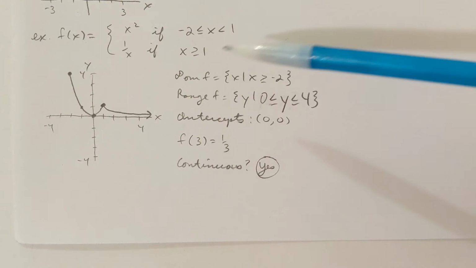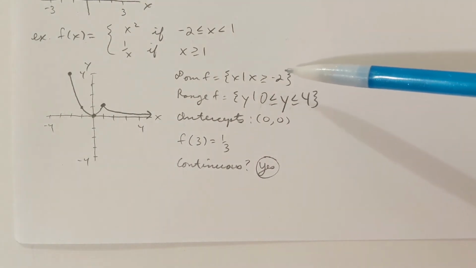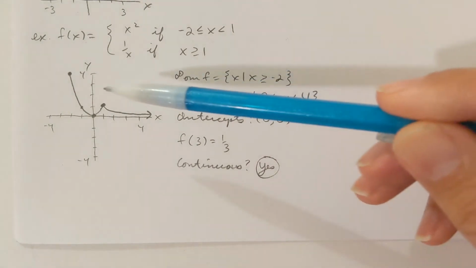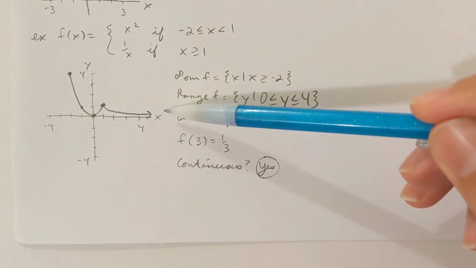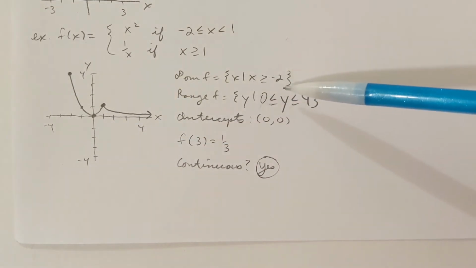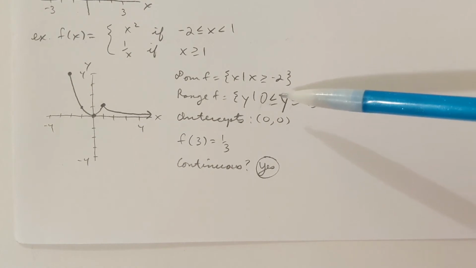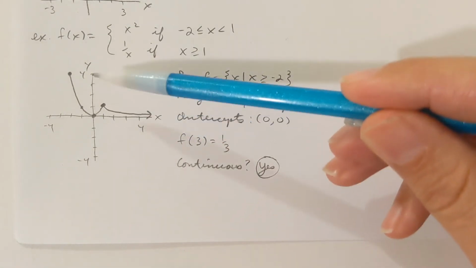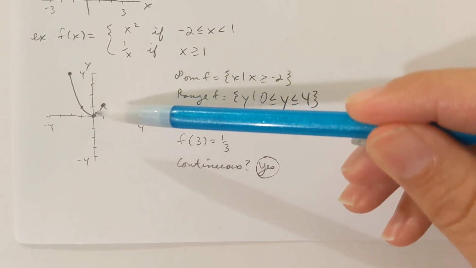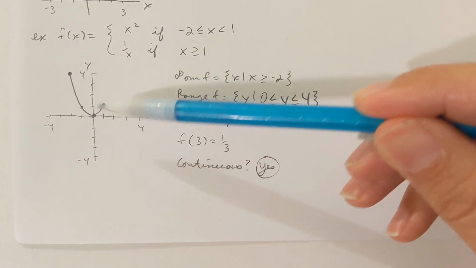piece 2. The domain of f is the set of all x such that x is greater than or equal to negative 2. The range of f is the set of all y such that y is greater than or equal to 0 and less than or equal to 4. So let's see, if I'm between 0 and 4, yeah, I can see that.